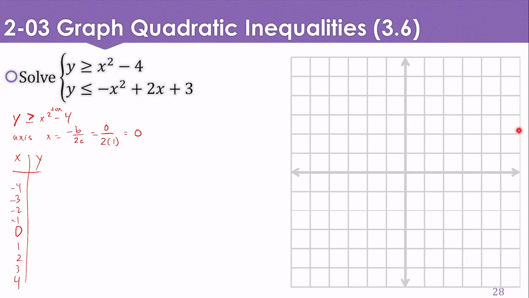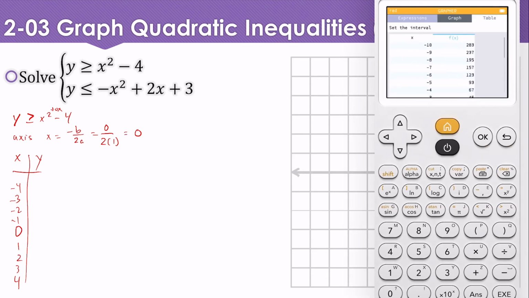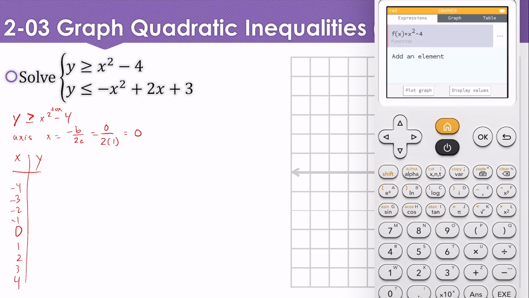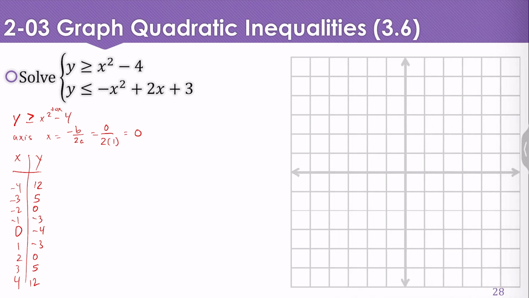Let's see if we can get our calculator. Okay, so it's x squared minus 4. And that negative 4 says we have 12, then 5, then 0, and negative 3, and negative 4, and negative 3, 0, 5, and 12.